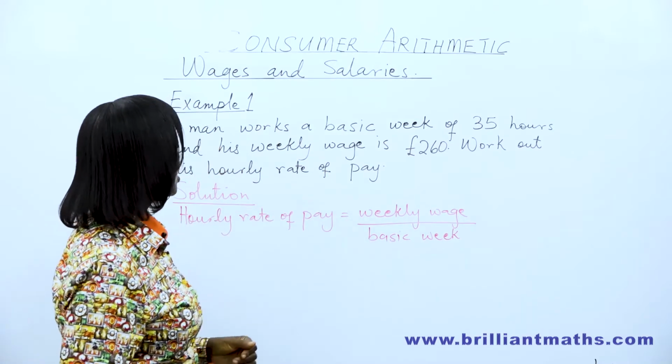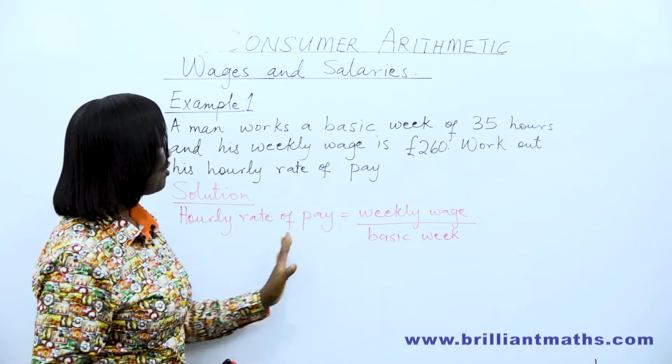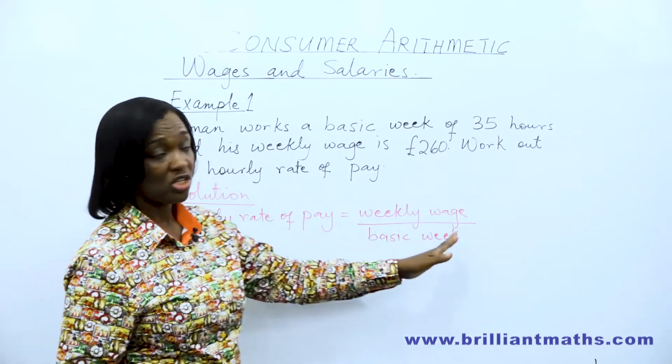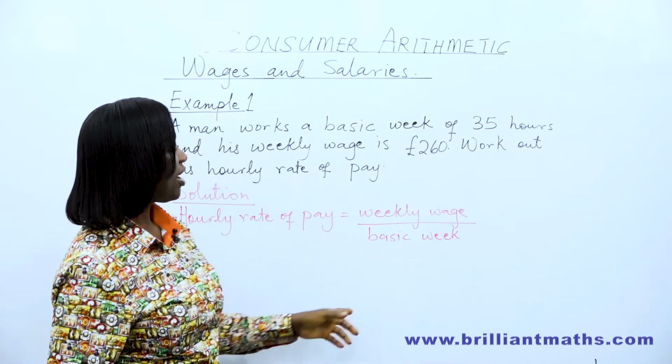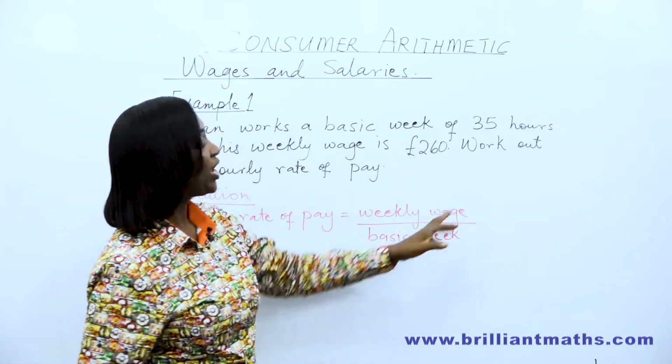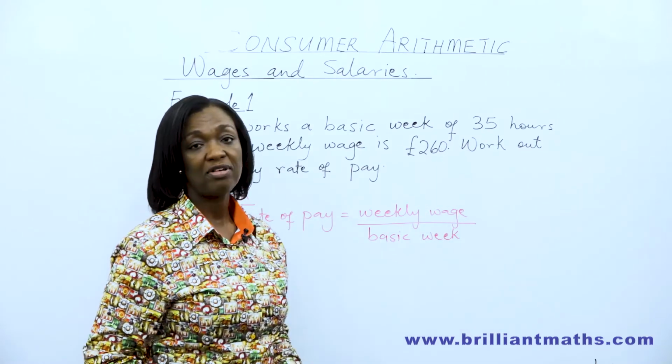We want to work out his hourly rate of pay. The hourly rate of pay will be the weekly wage, which is £260, divided by the basic week. The basic week is the number of hours he's supposed to work in a week, and that is 35 hours.